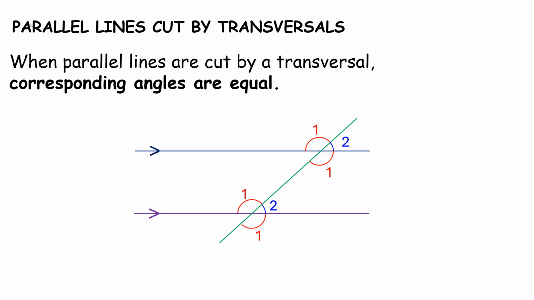Those two angles correspond, and so they have the same measure. We also know that the vertical angles associated with those have the same measure as well. And so this is what it looks like when you have parallel lines cut by a transversal. You basically just have two different angles. There are 8 angles total, and really there are only 2 different measures, but corresponding angles are equal.